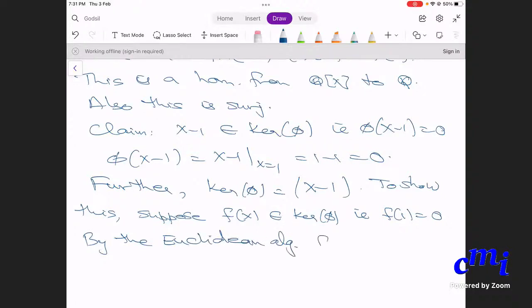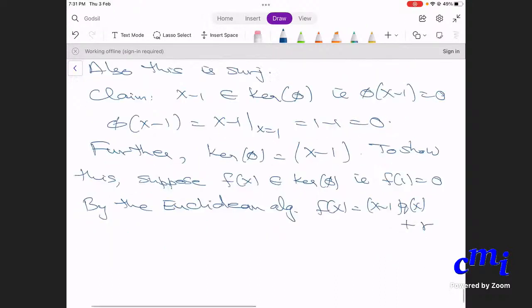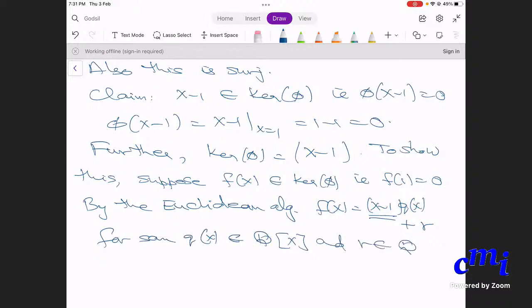By the Euclidean algorithm, f(x) equals (x minus 1) q(x) plus a remainder. That remainder is a polynomial in x, but it's of degree less than 1. So that means it's of degree 0, just some constant. So f(x) equals (x minus 1) q(x) plus r, for some polynomial q(x) and some remainder r in Q. But f(1) is 0.